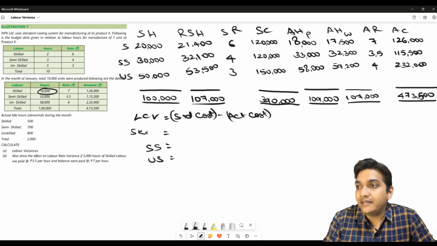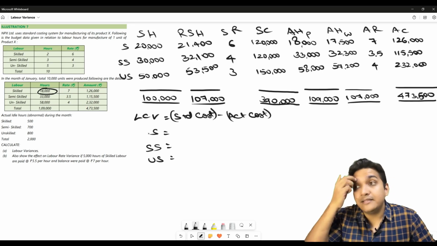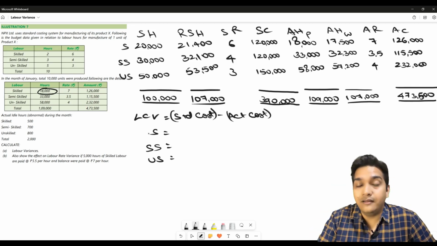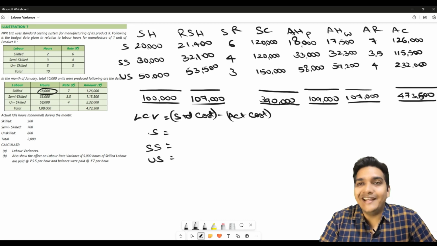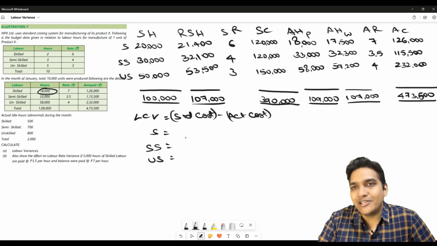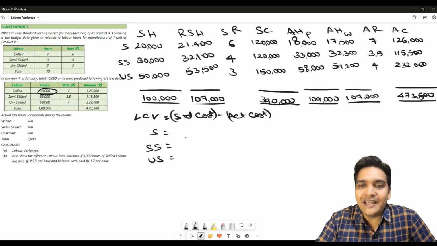You have to write skilled the way it is written in the question. How will the examiner know what you mean unless you tell him? I always like to think that the examiner is an idiot and you have to guide him on the steps on how to arrive at the solution. So think he is an idiot and you are teaching him. If you are teaching him, give as much detail as possible from you in the exam, on your answer paper.